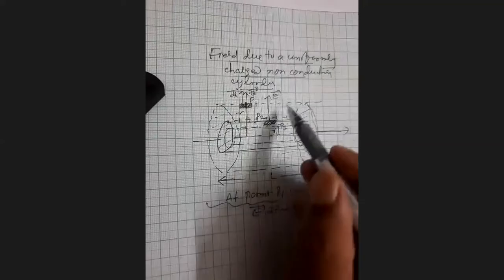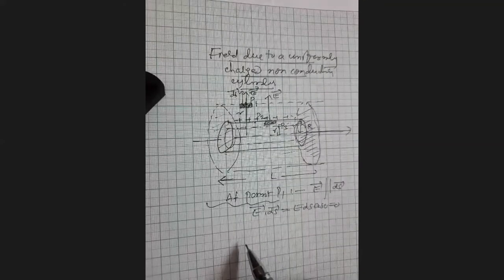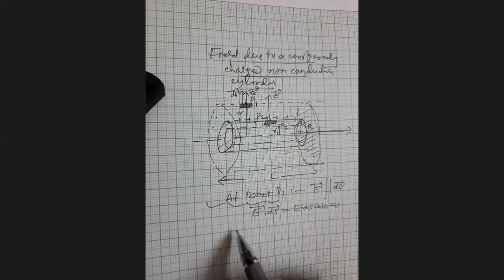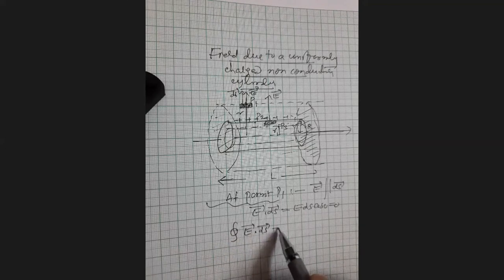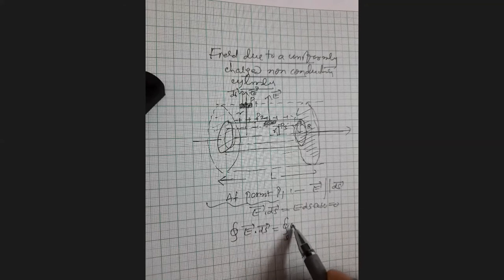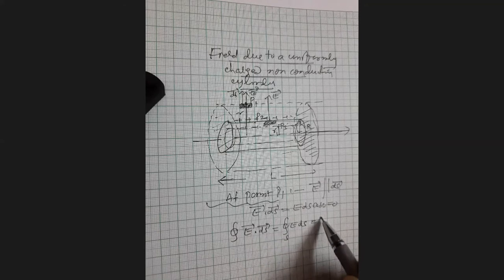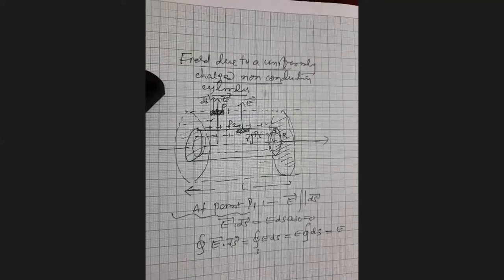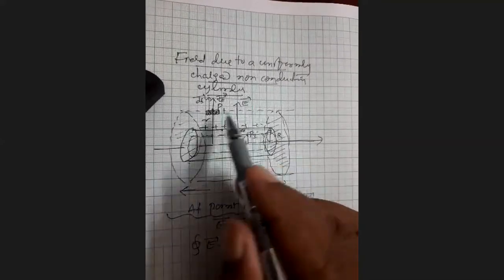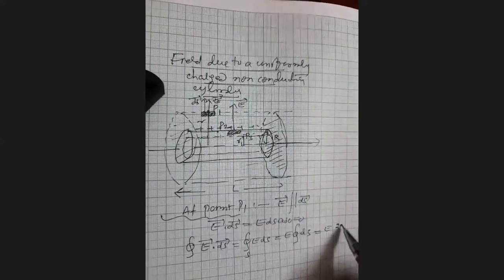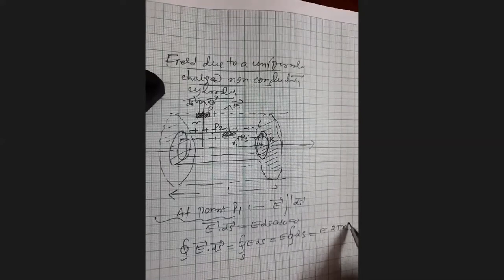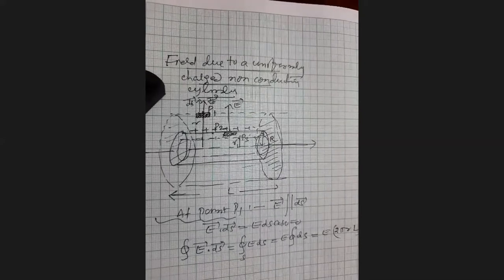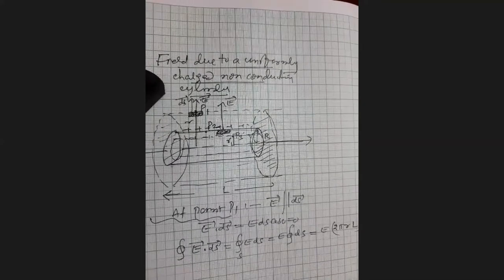Therefore, the total flux through the curved surface, closed integral E bar dot ds bar, equals closed integral E ds, which is E times the integral of ds, equal to E times the total surface area 2 pi r L. This is equation 1.